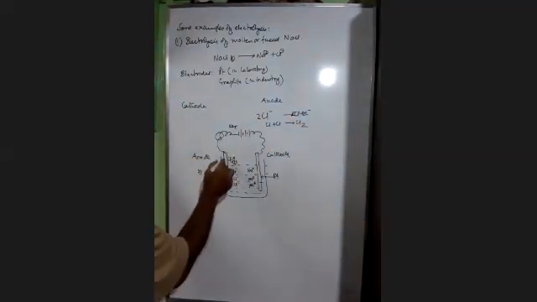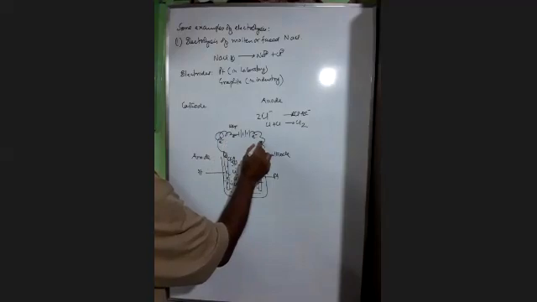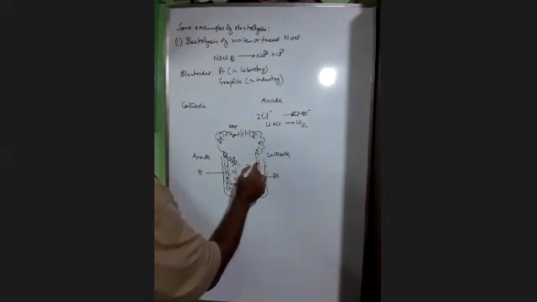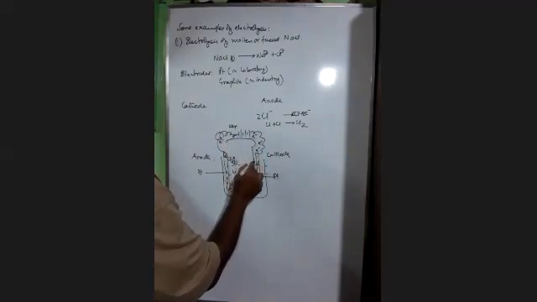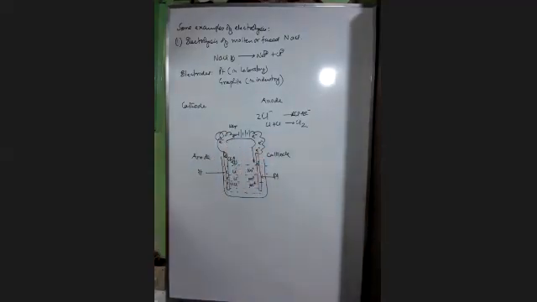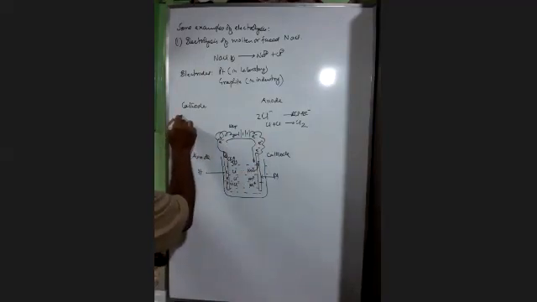Now this electron will now travel and ultimately will reach here. Okay. This electron will come and then this sodium ion will take the electron. What will happen now?